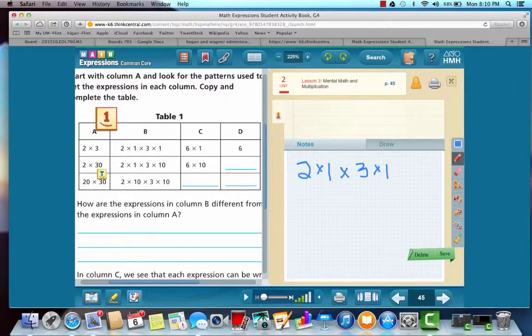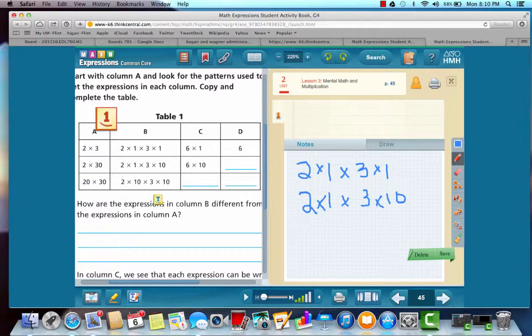Underneath, in the second multiplication equation, you have 2 times 1 times 3 times 10. So already we're starting a pattern, and if you don't see the pattern, you might when I get to the next one.